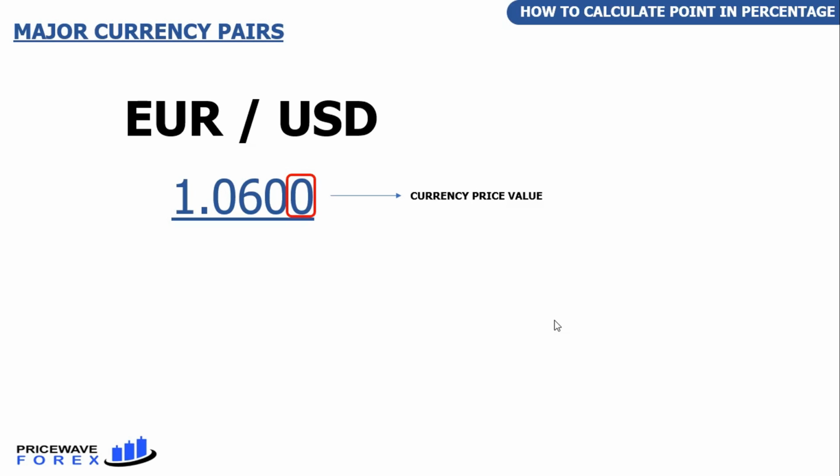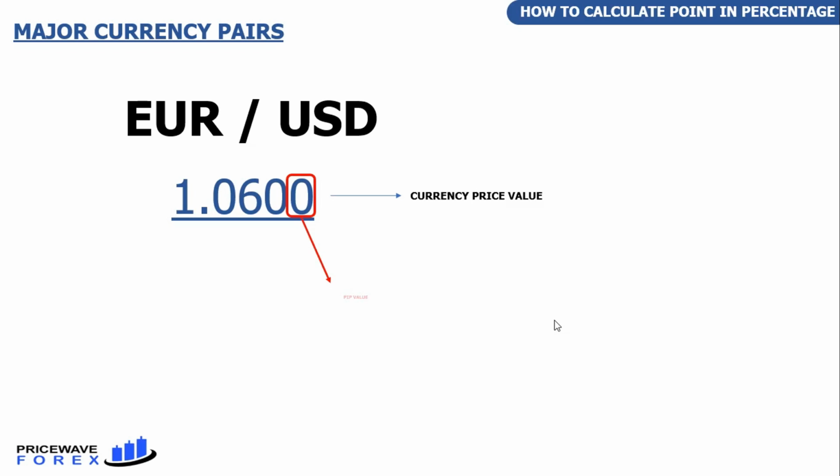It is from the decimal point itself. Remember, we have numbers moving from the decimal. So for a currency value to change, there must be a change in the minute value of that currency, and that minute value of the currency is known as the pip.